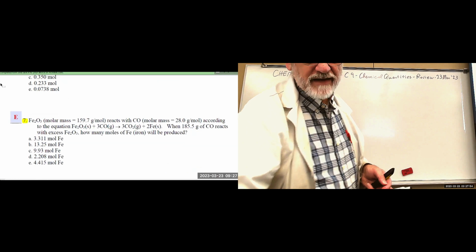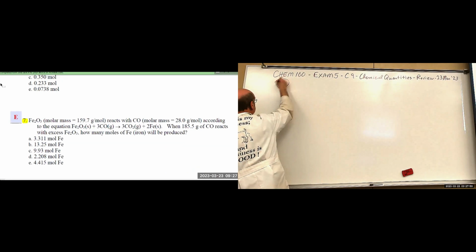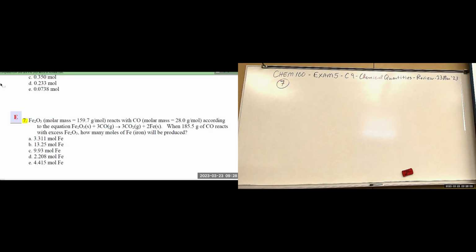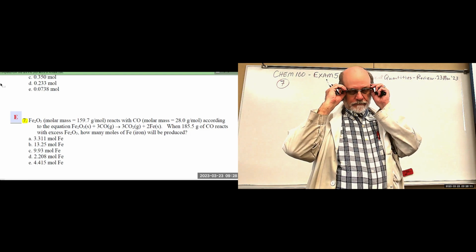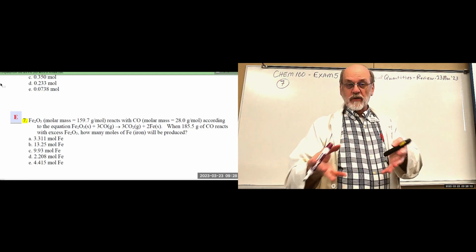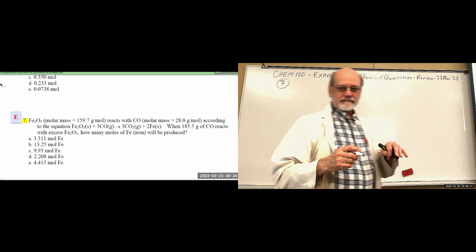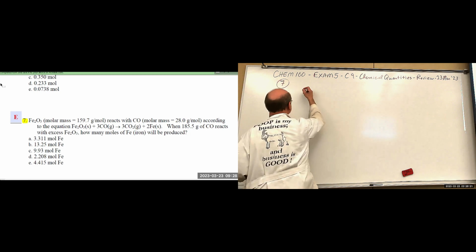All right, number 7. Let's see here. Fe2O3, and they give you the molar mass, reacts with carbon monoxide. According to this equation, Fe2O3 plus 3CO.